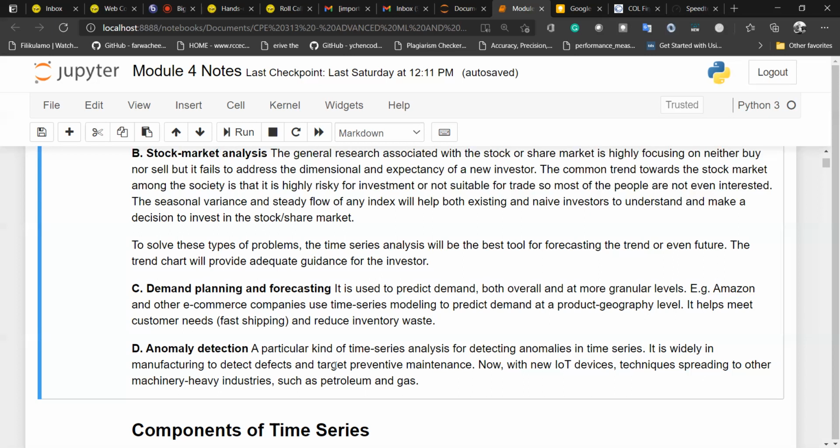I don't know if they used time series, but there was a project like that. I think it was already done, and it was defended, and it passed. I think they were already graduates of CPE. So I think they used time series for that.